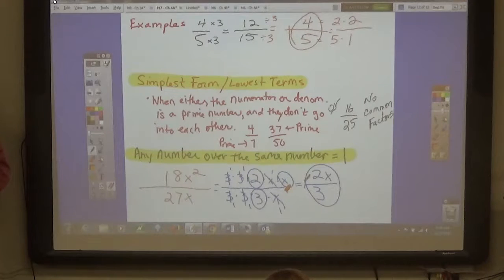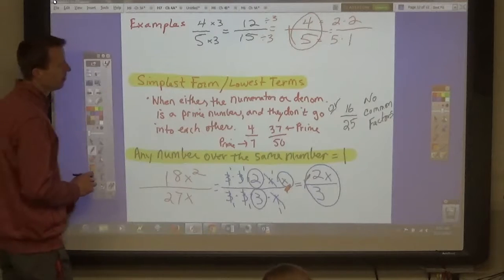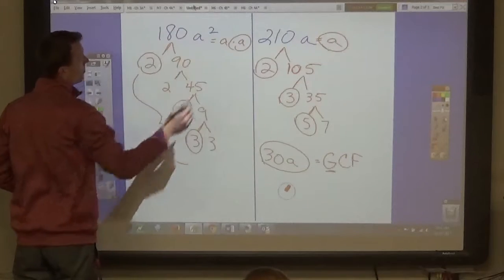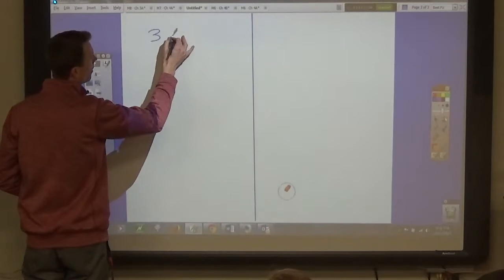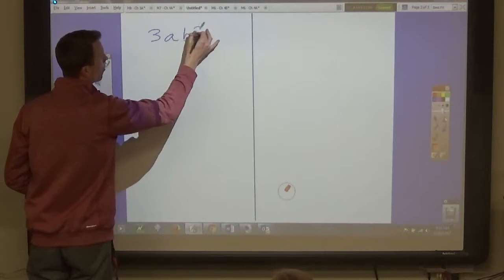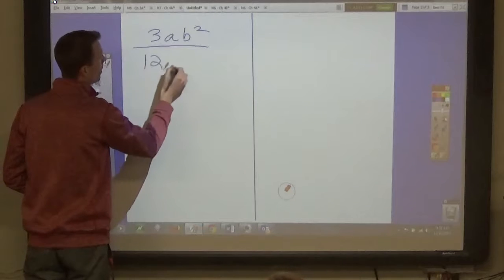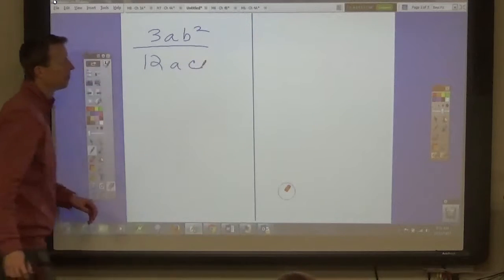Let's try another one. Look at example 3 on page 197. 3ab squared over 12ac.